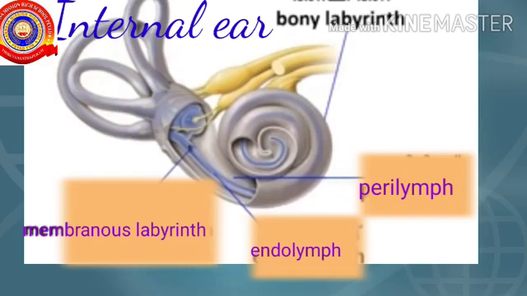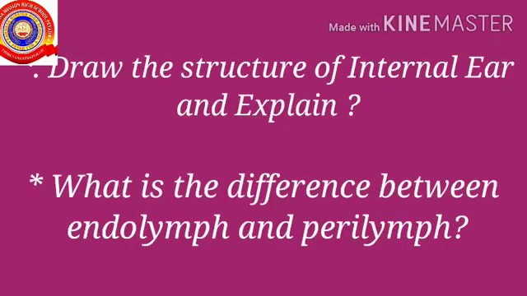One is the endolymph and another one is the perilymph. The space inside the membranous labyrinth is filled with a fluid called endolymph, and the space between the membranous and bony labyrinth is filled with a fluid called perilymph.